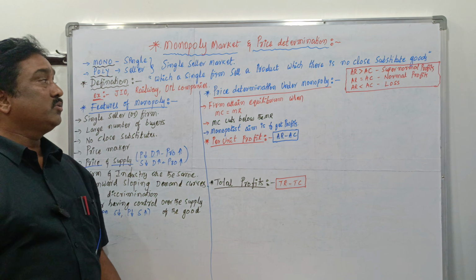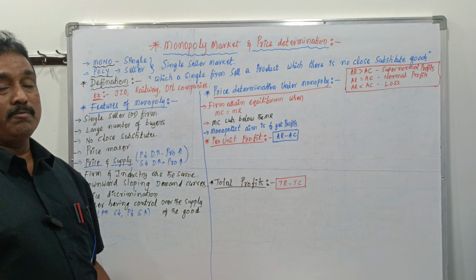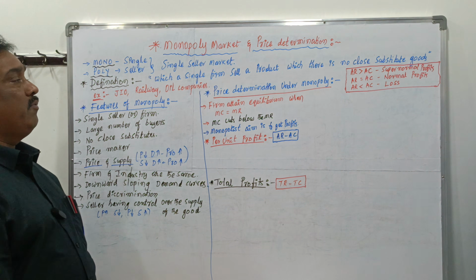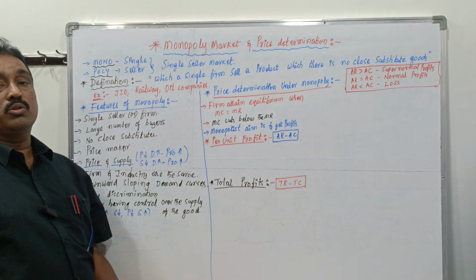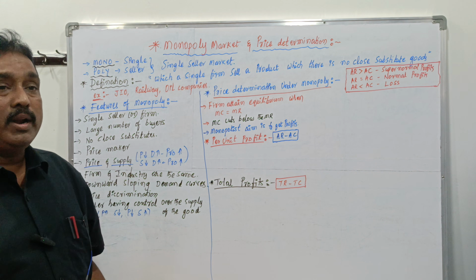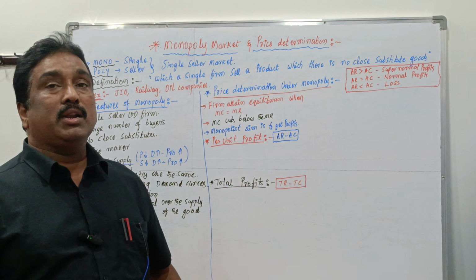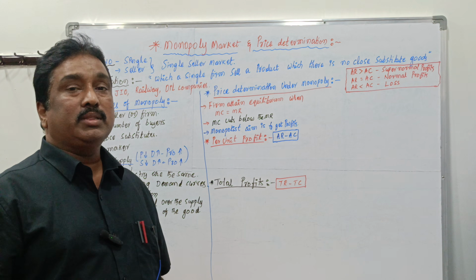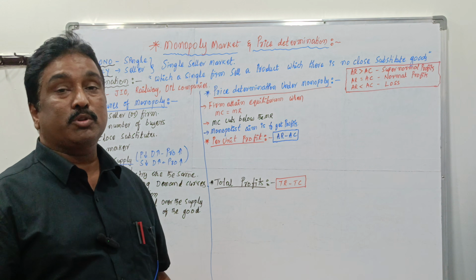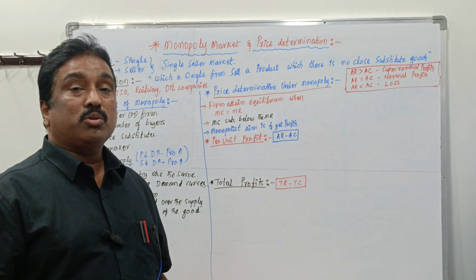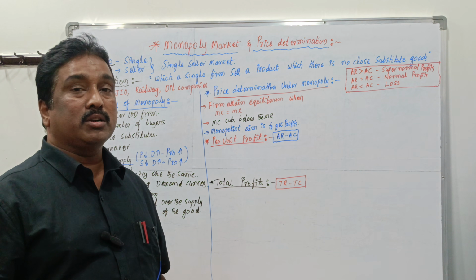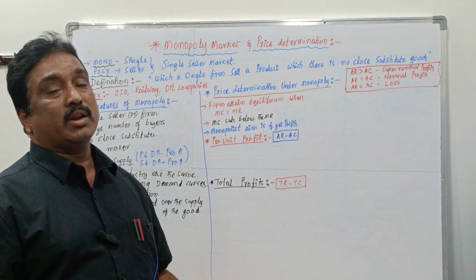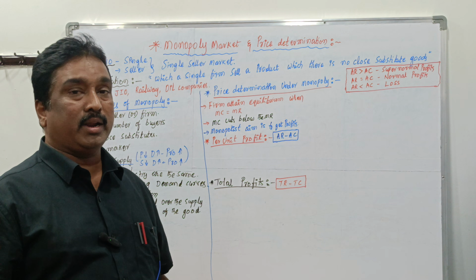So there is no difference between the firm and the industry. A single firm sells a product for which there are no close substitute goods. For example, any one product produced and sold by any one firm, there are no close substitute goods, no alternative goods, according to this monopoly. That market is called a monopoly market.